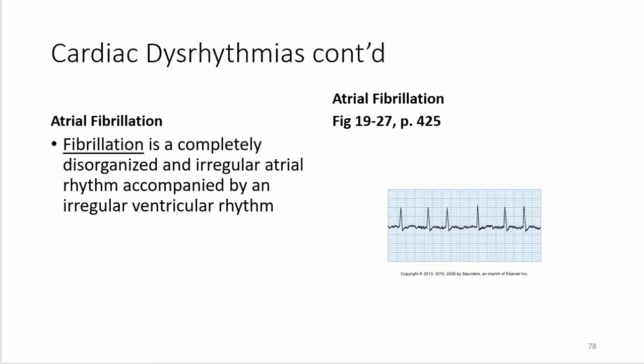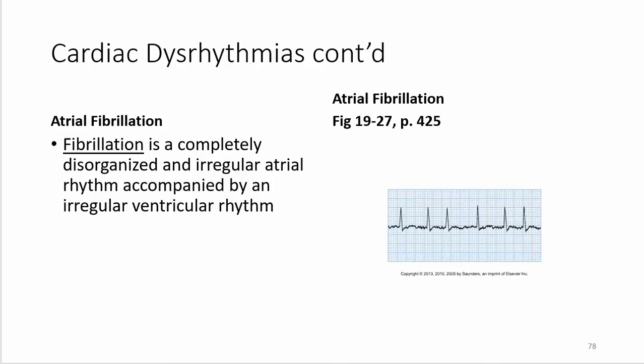Now, AFib, atrial fibrillation, is just a disorganized, irregular rhythm. So in the flutter, there still is that wave of systole, the atrial systole, and the atrium is contracting as a unit. In fibrillation, parts of the atrium are contracting while other parts are relaxing, and so you end up with very little pumping.